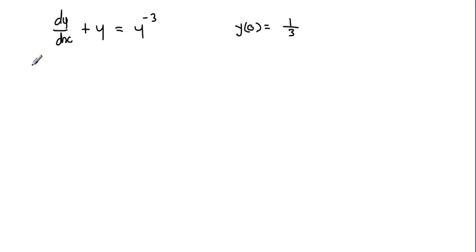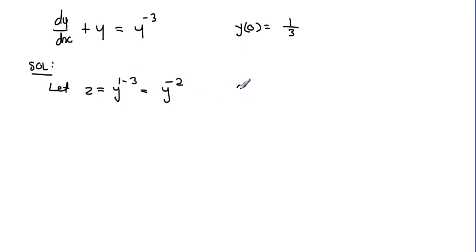So what I'm going to do now for the solution, given this equation, let z be equal to y to the power 1 minus 3, which you can clearly see simplifies to y to the power minus 2.